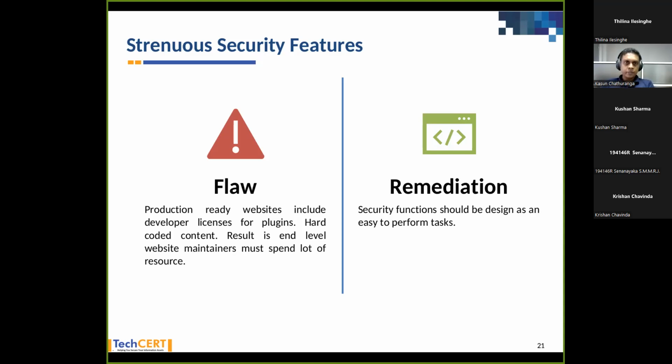For example, take a website developed in WordPress. It is using some plugin which provides user registration, and for every update of that particular plugin, the website administrator has to send an email to the developer, get their approval, get the update from them and install it manually.